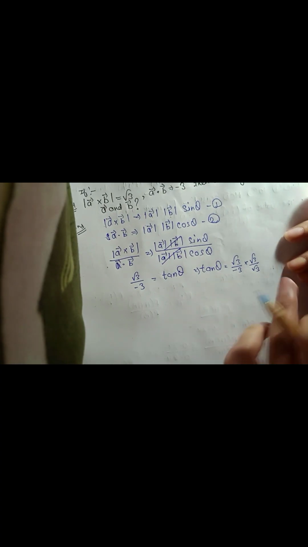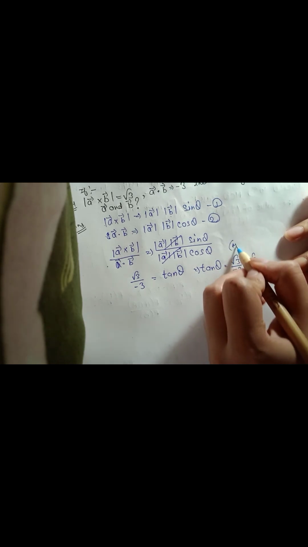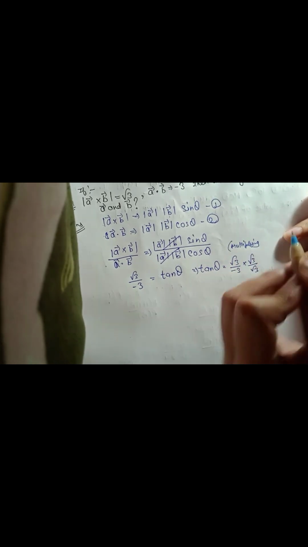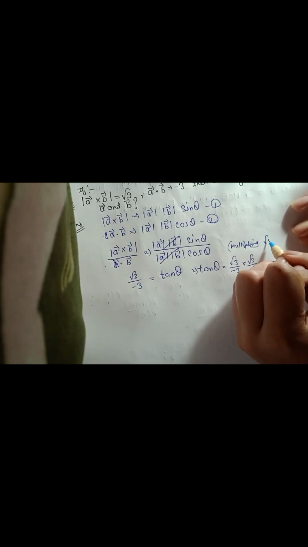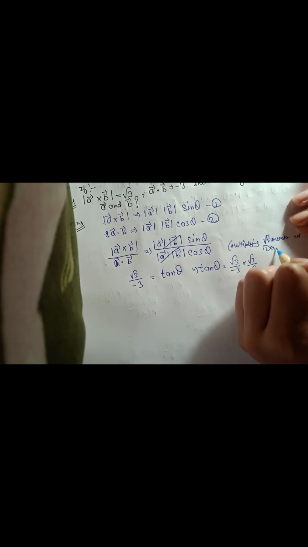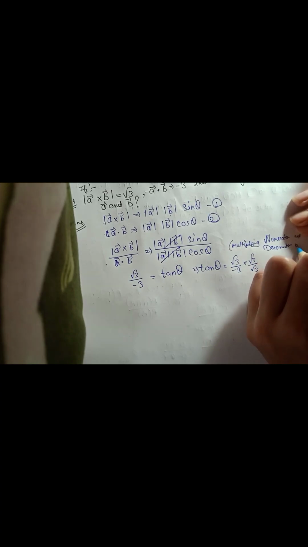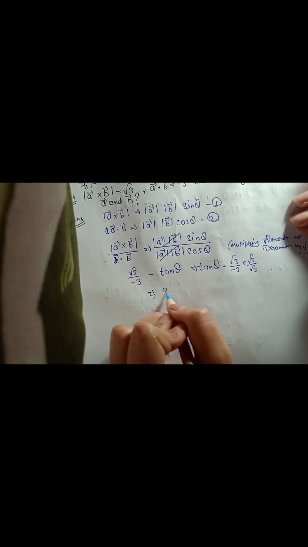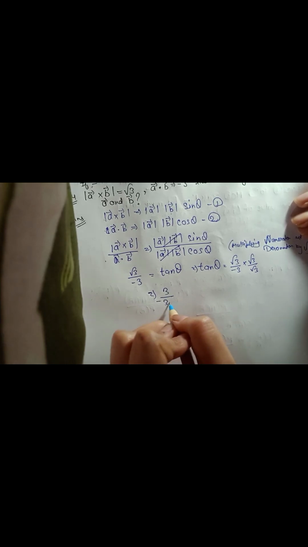Now we multiply the numerator and denominator by root 3, which gives minus of 1 by root 3.